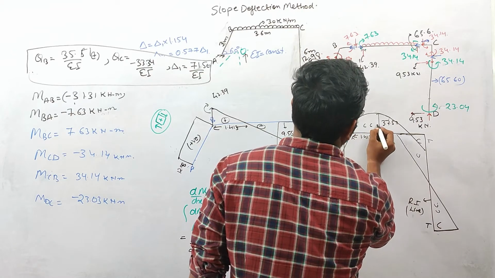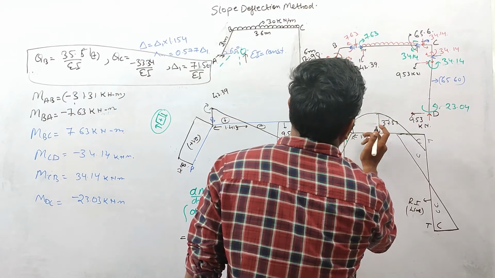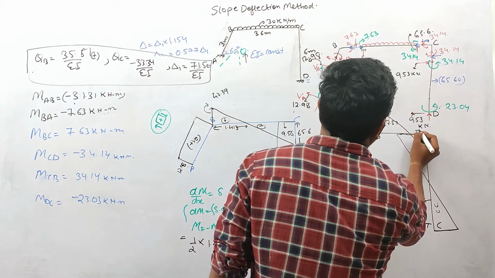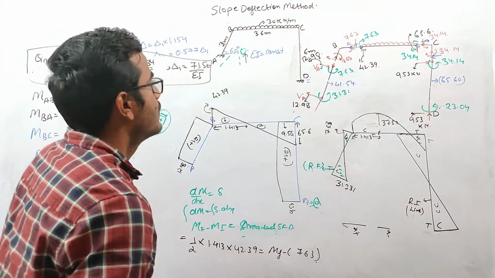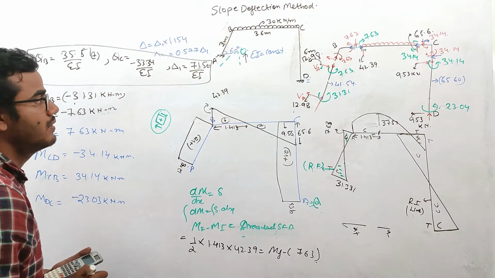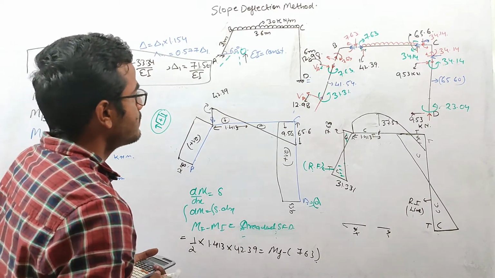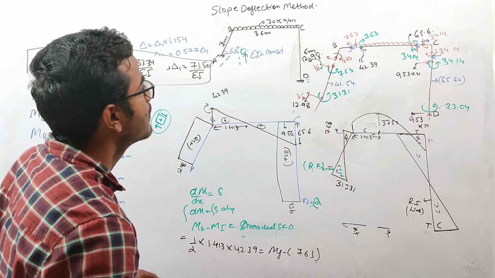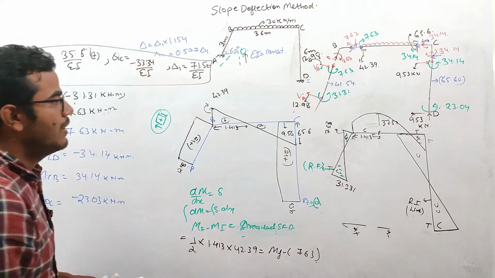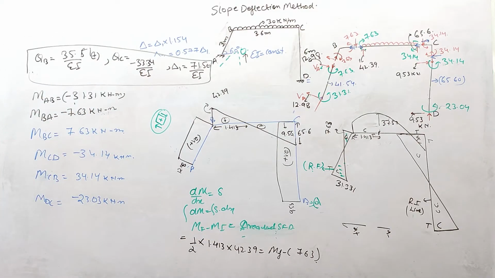This is compression basically. Compression this side, tension this side. Here this is compression, this is tension, right? So this is the bending moment diagram of this frame structure, right? Now let us draw the deflection diagram.